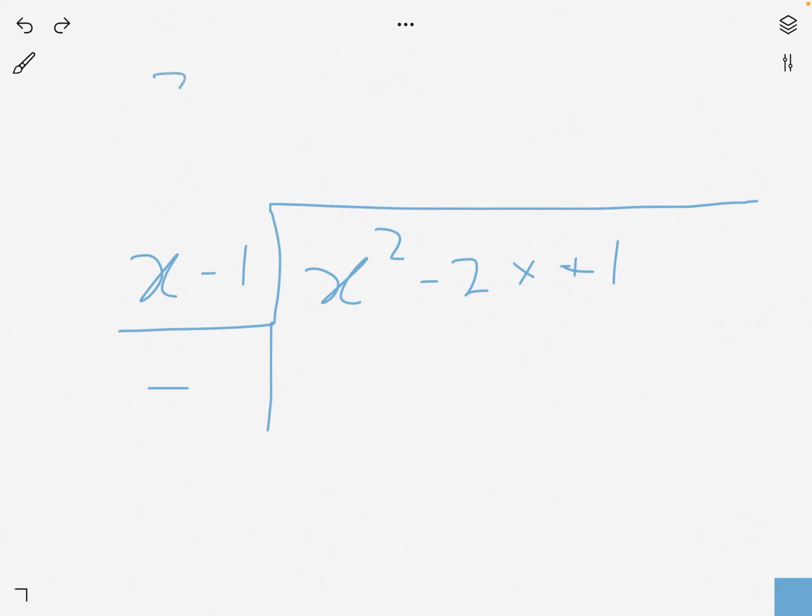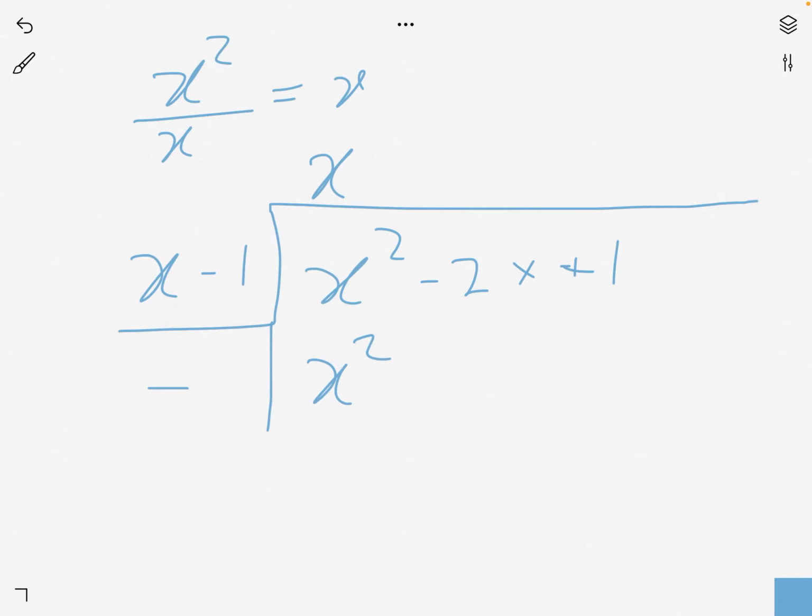So I'm going to divide x squared by x, which is x. In the quotient box, I'm going to write x. So I can subtract x squared. Now, this is not all. Remember, this is not all. We have a lot more to do.